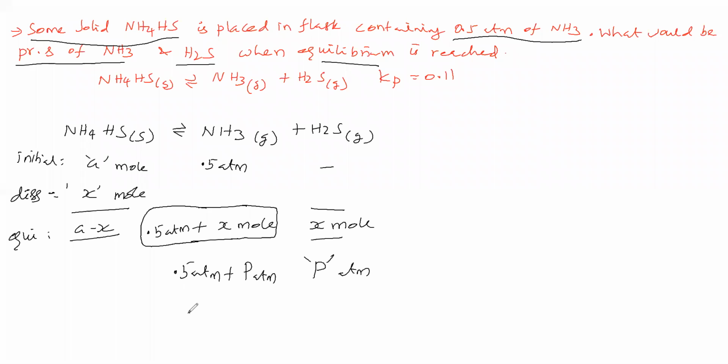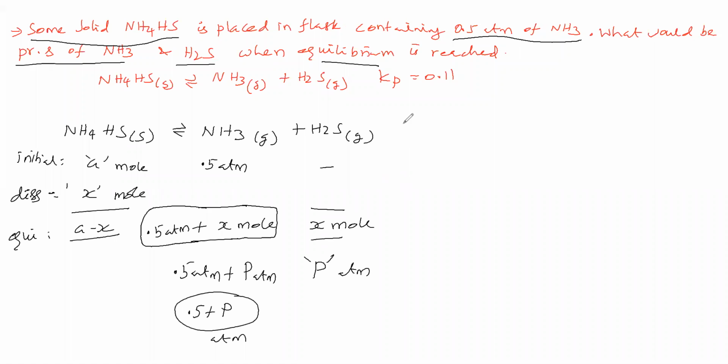Therefore the total pressure of ammonia at equilibrium is 0.5 plus P atmosphere, and the pressure of H2S is P atmosphere.